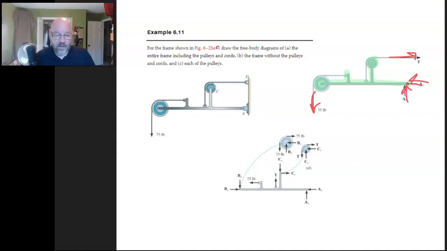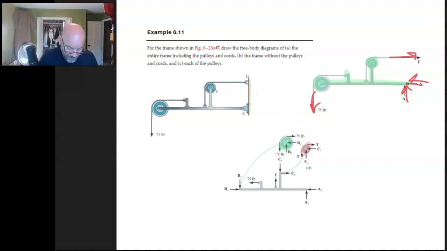However, instead of doing it that way, we could choose to think in terms of what's happening with each pulley. So I believe this pulley goes here, and I've got this pulley. Let's see if I can move that one over here.